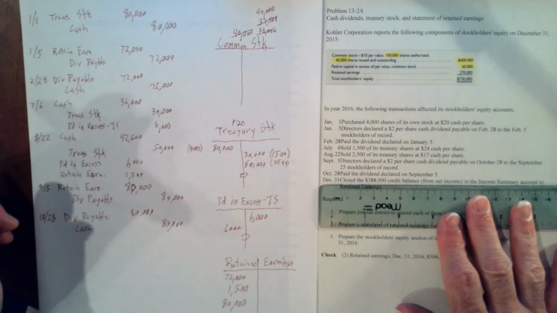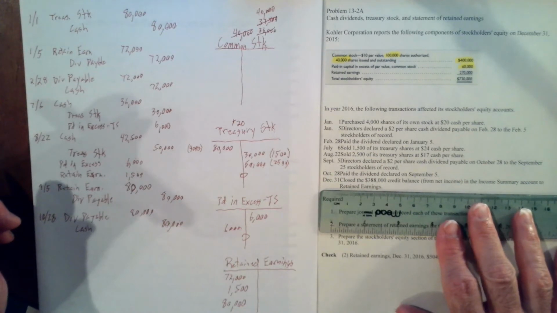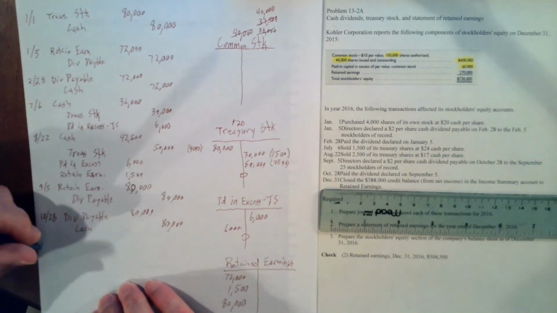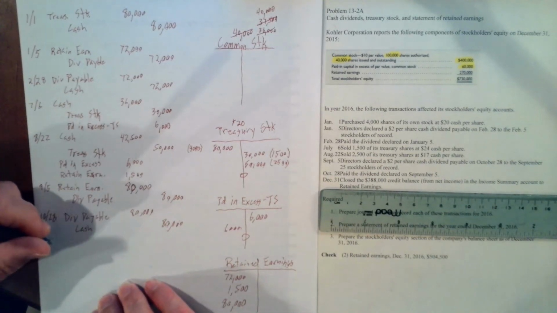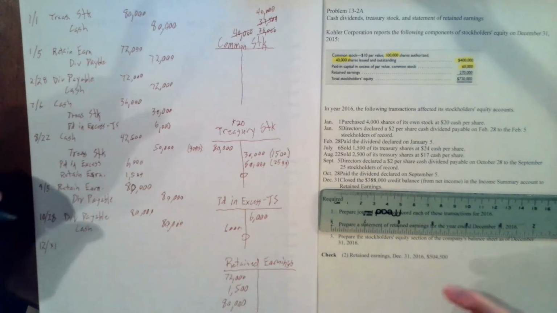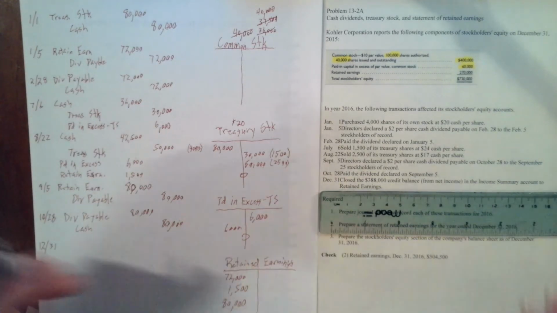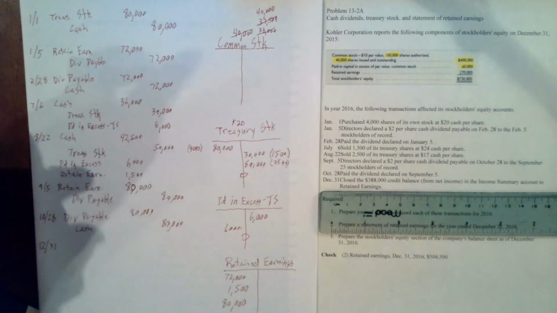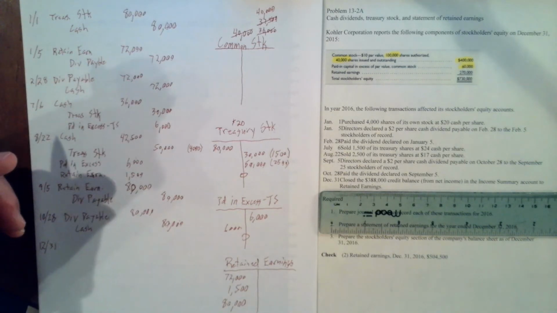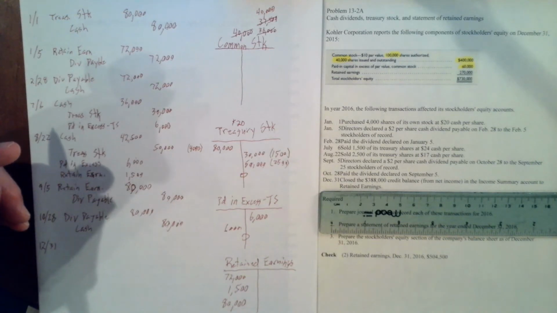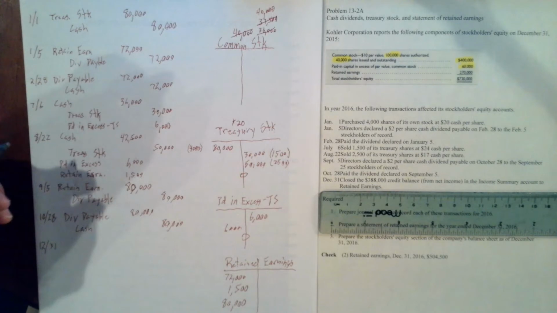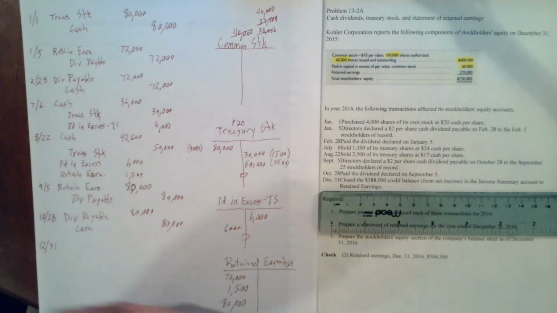Last bit. December 31st. We closed out the $388,000 credit balance, which is from net income that's sitting in the income summary account, to retained earnings. So it was a credit balance on income summary, and to clear out the income summary you had to do a debit to income summary, and then the resulting credit is going to go to retained earnings.